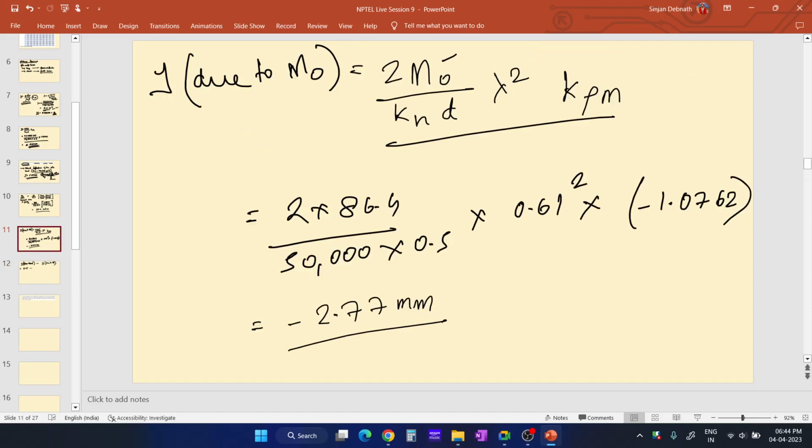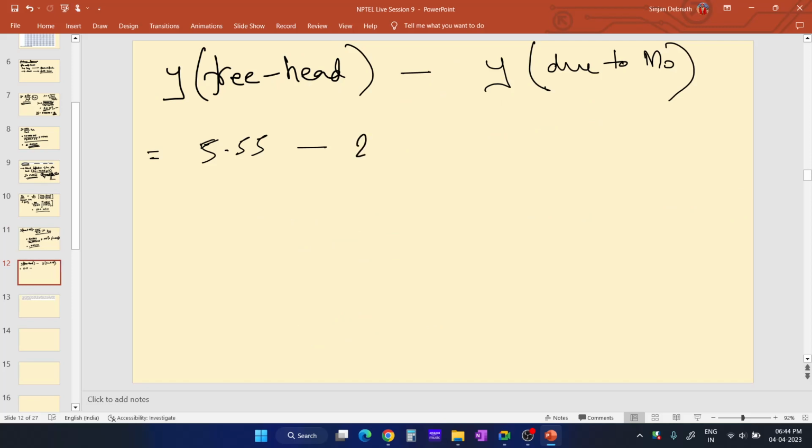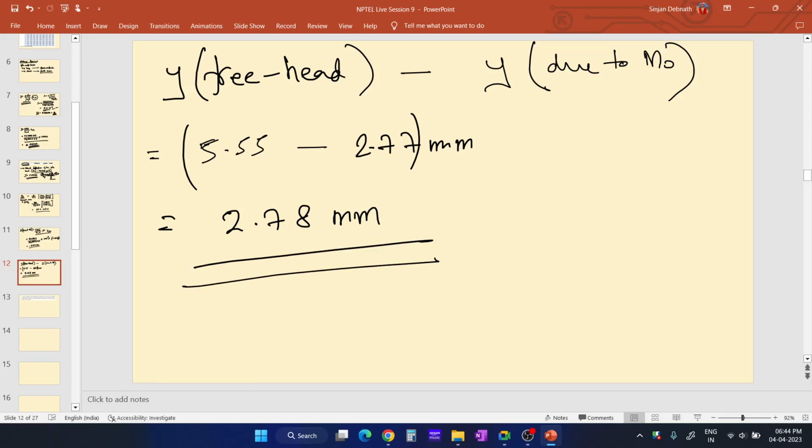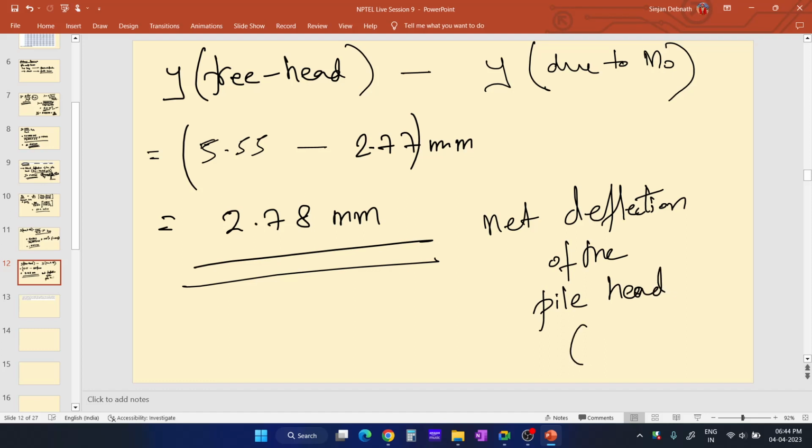We will take the magnitude only. So the magnitude of deflection is 2.77 millimeter, and it will come out to be 2.78 millimeter. Okay, so this is the net deflection of the pile head, fixed headed.